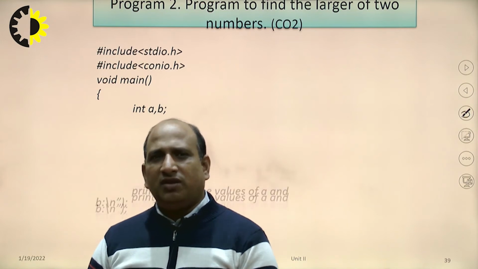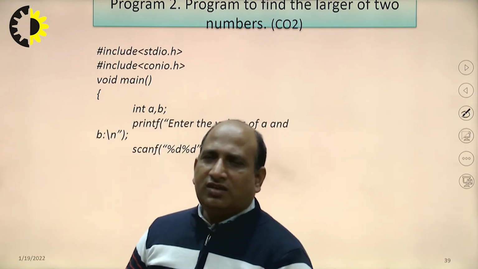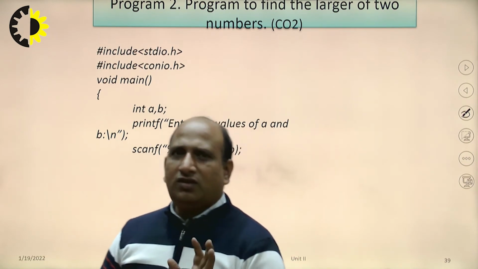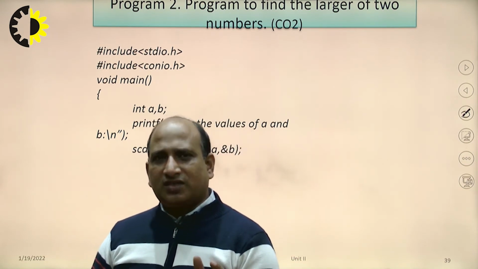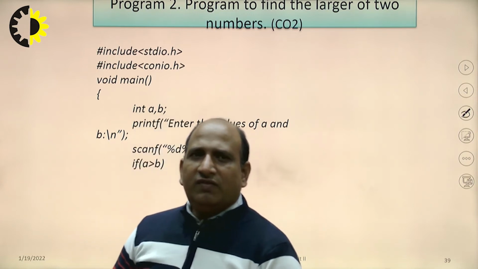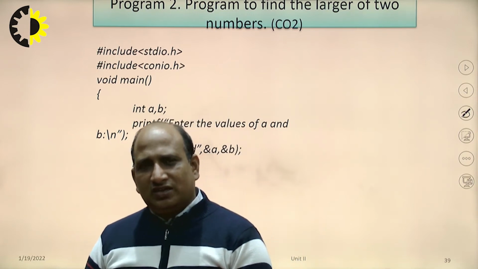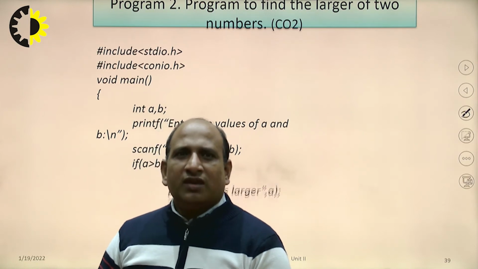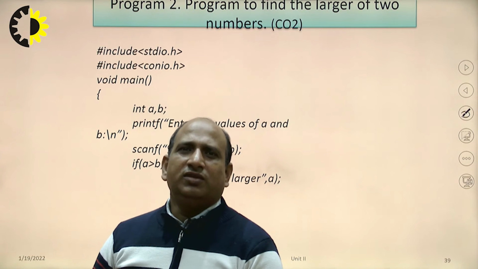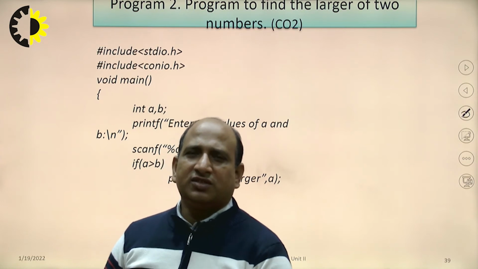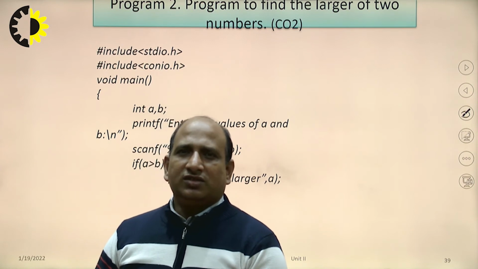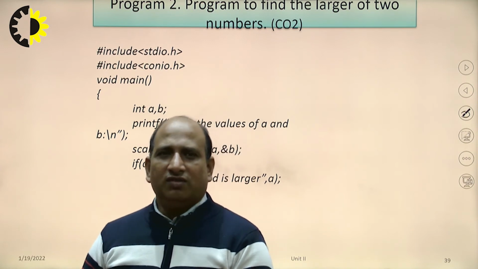I have written a message, enter two values of a and b, we have entered two numbers and scanned them in the a and b variables, and after that I have checked a condition: if a is greater than b, then print %d is larger, comma a, means at the place of the format specifier the value of a will be printed, and a is larger will be displayed.